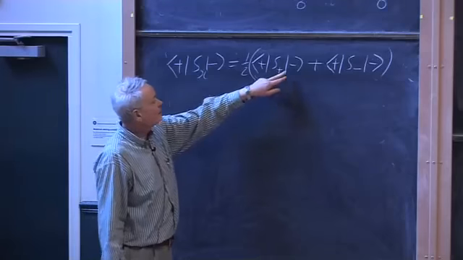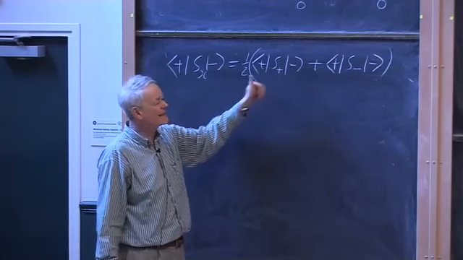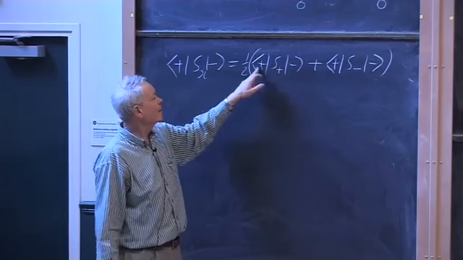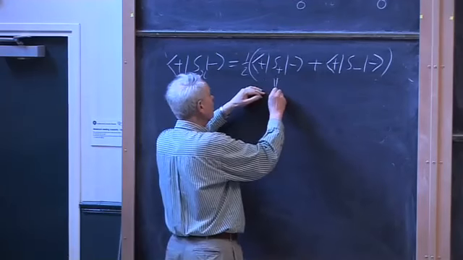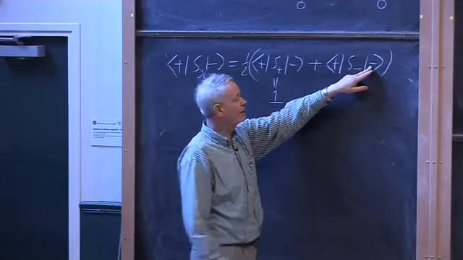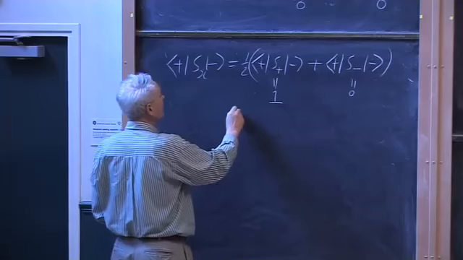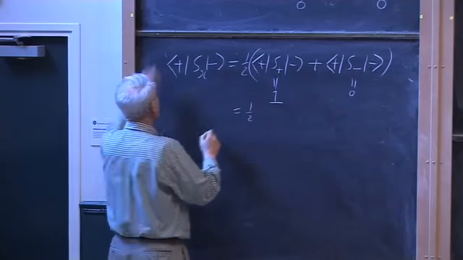S plus raises minus to plus successfully. S plus on minus is exactly 1 times plus. So this number here is equal to 1. And S minus tries to lower this and kills it in the process. And therefore this is equal to 0. So this off-diagonal element is in fact equal to a half.